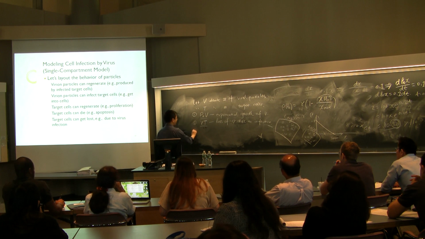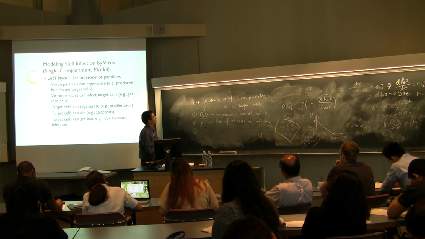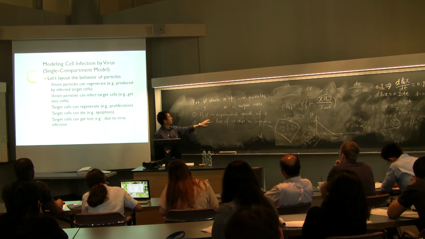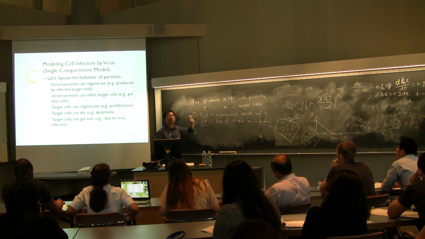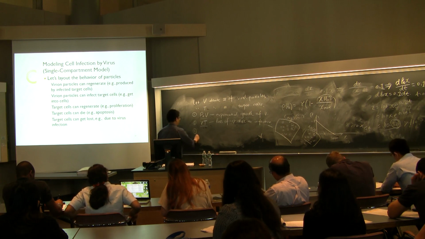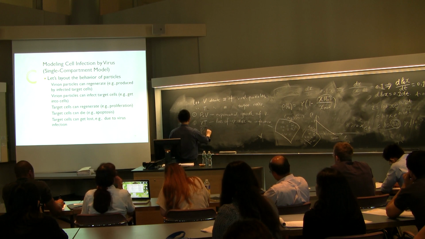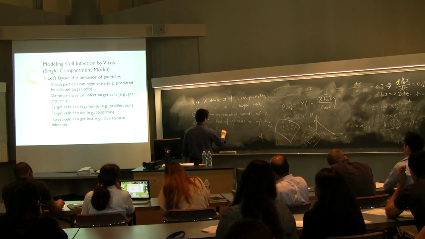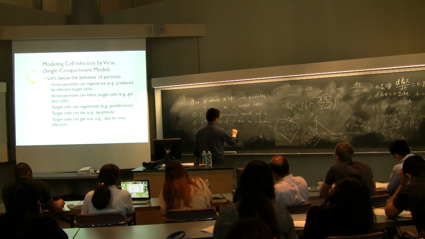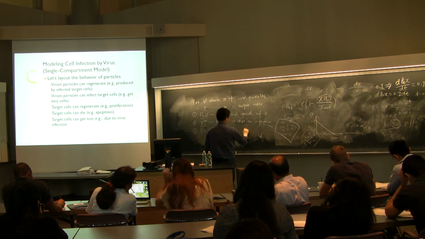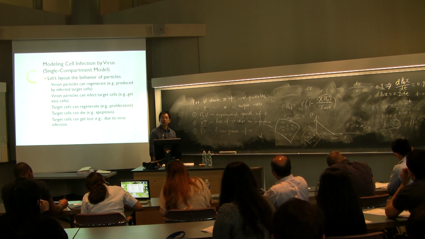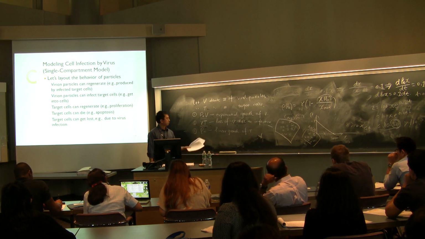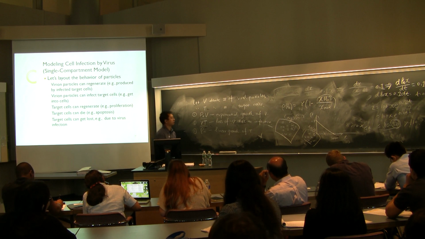So the third thing I want to do is, we have considered the growth and disappearance of viral particles. Now I need to consider the growth and disappearance of T. Let's assume it's a linear growth. It doesn't matter for now; you can assume linear or exponential growth. Let's say it's linear growth for the target cell.